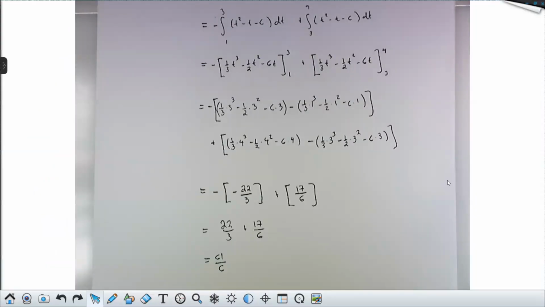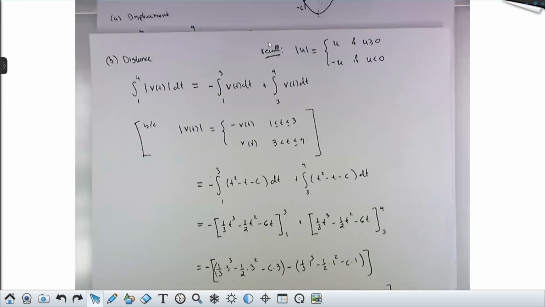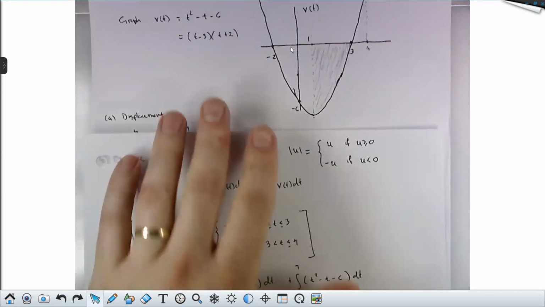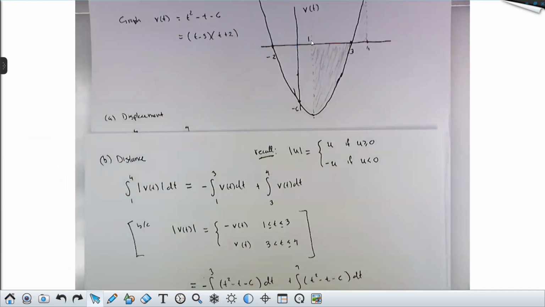Well, I didn't really change any pluses to minuses here. So remember what each of these represent. From time t equals 1 to t equals 3, my velocity was negative.